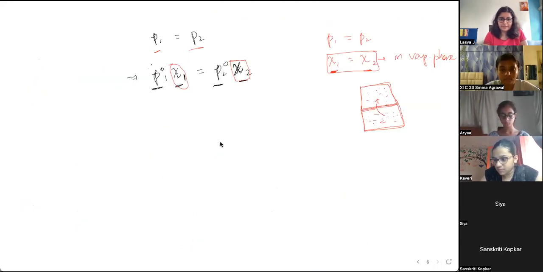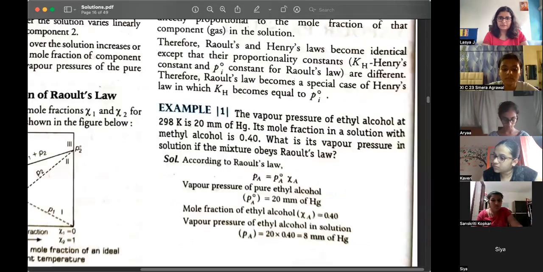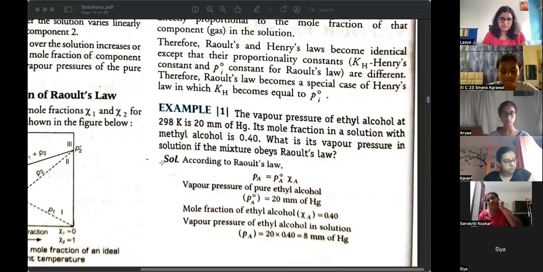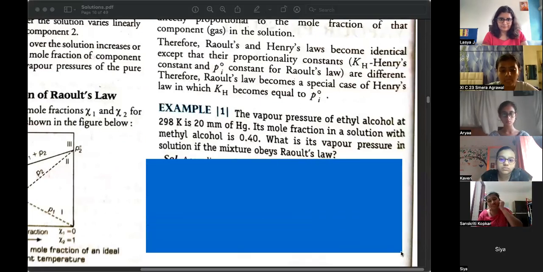Alright, let's do an example. Okay. So the vapor pressure of ethyl alcohol at a certain temperature is 20 mm of Hg.